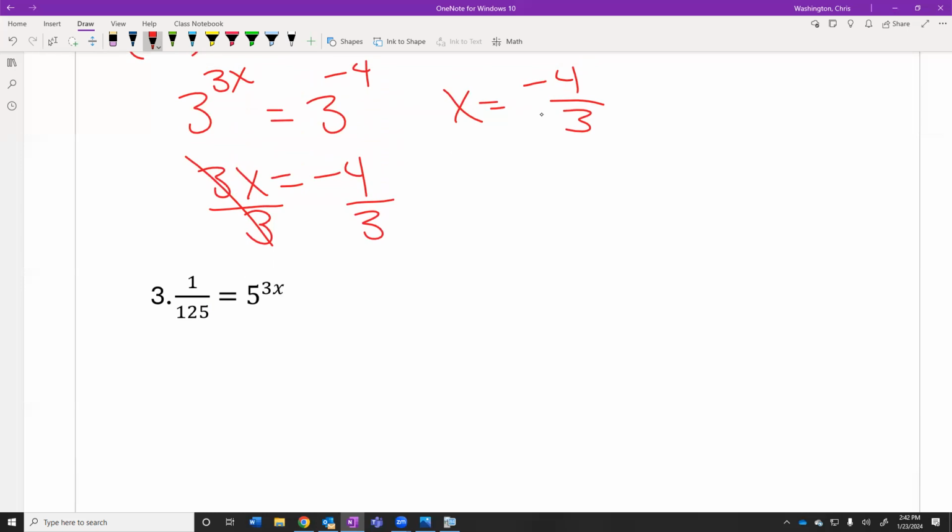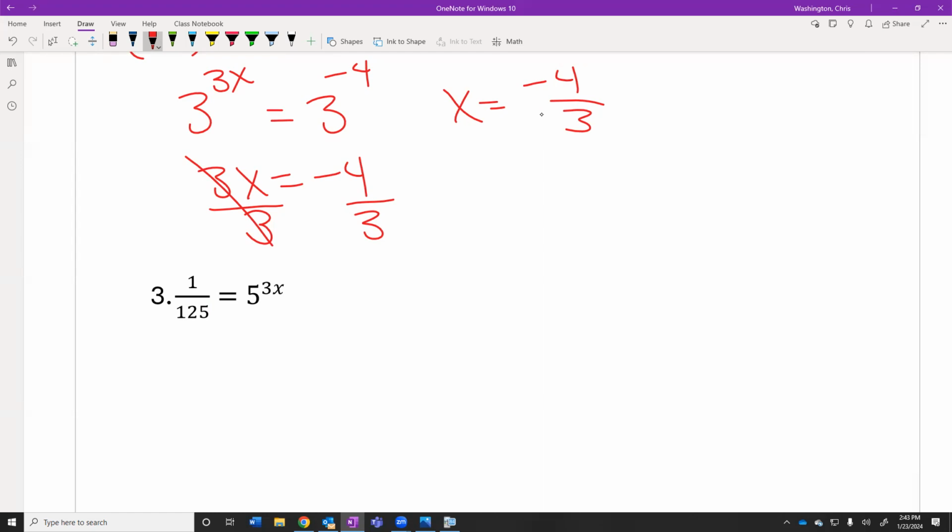Try number 3. I'll give you a minute or so. It looks a lot like the one we just did. You're going to look for 125 and 5 under the same powers chart, and you should have found that under the powers of 5.